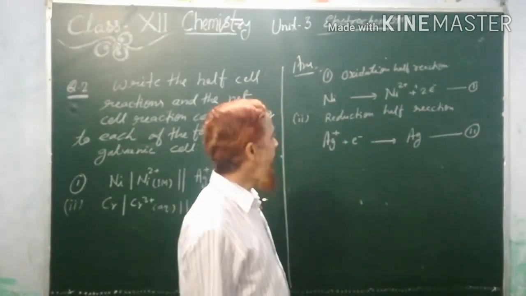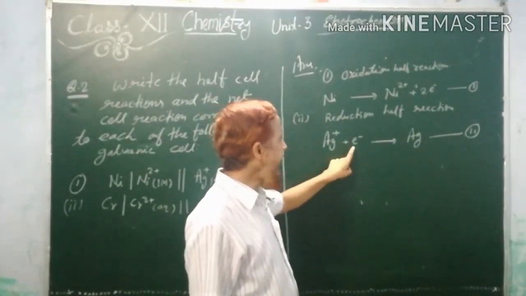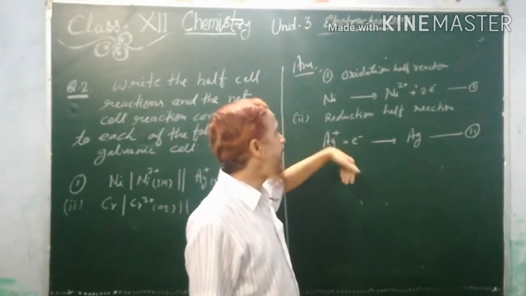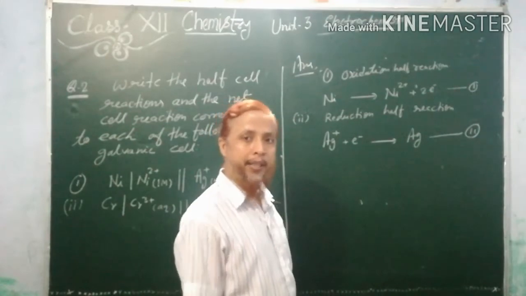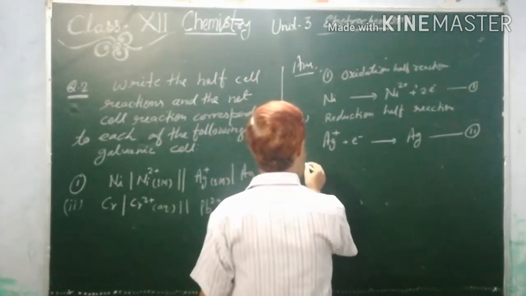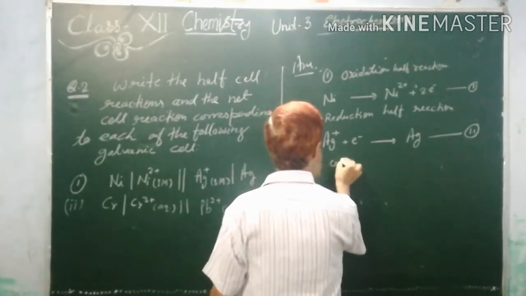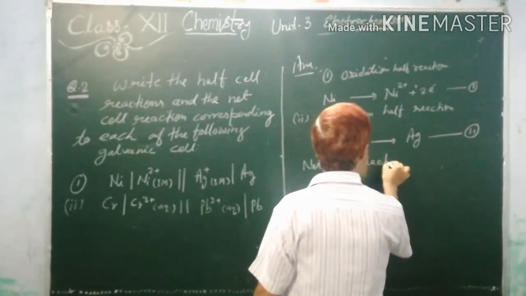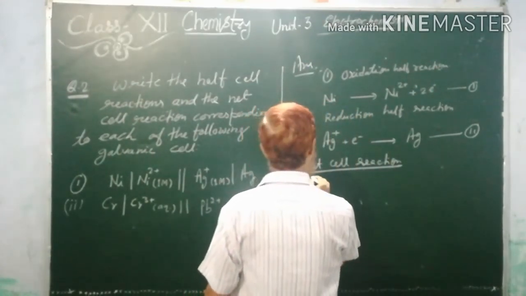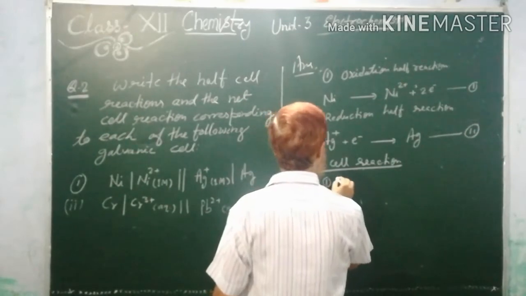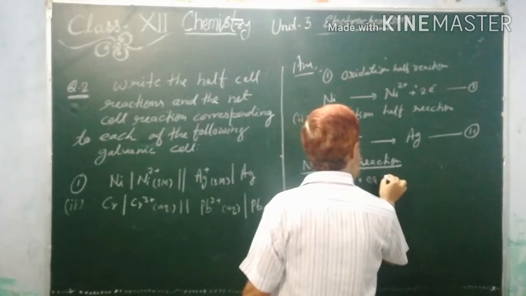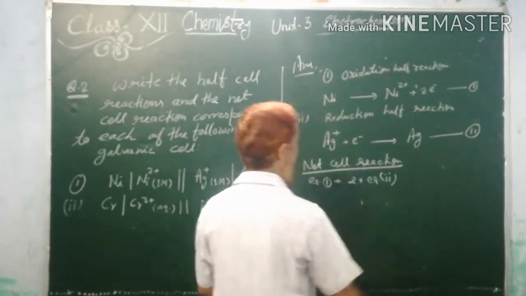So we have to multiply the whole second equation by 2, and then add it to the first, and we get the net cell reaction. Net cell reaction: equation 1 plus 2 into equation second. Simply we write like this.